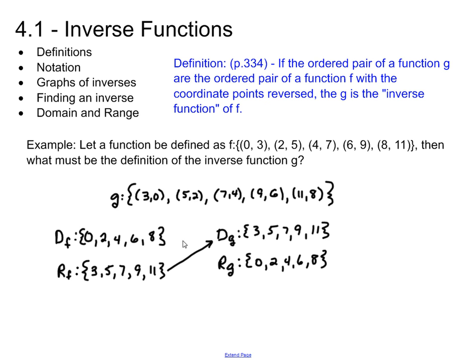They reverse. For an inverse function, all the values that are in the domain of one function are in the range of the inverse, and all the values that are in the range of the original function are the domain of the inverse. That's going to be really helpful to us shortly.